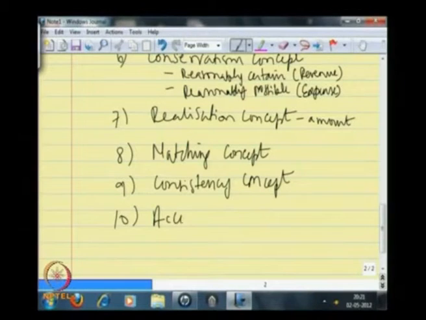The next concept is the accounting period concept. Every day an entity has a set of activities, and technically you can end every day by creating an income statement and balance sheet for each day, but that is not the purpose.